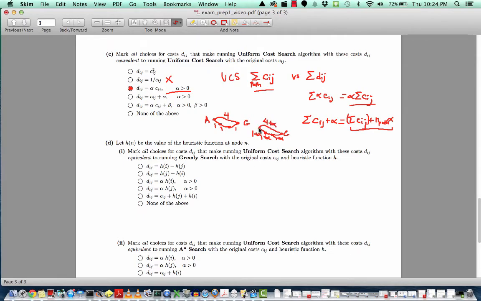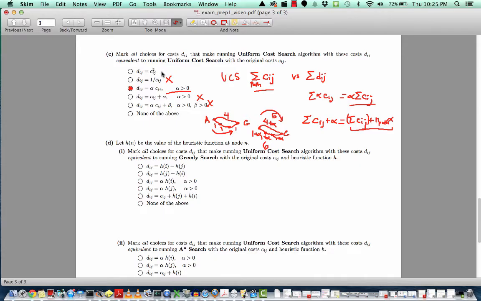So if alpha is something like 1, this path right here is going to have a cost now of 6, versus this cost up here will have a cost of 5, which makes this the optimal path on this graph, versus in the original graph, this is going to be the optimal path. So when you add a constant factor, it's unfairly penalizing longer paths that have more edges in them. So therefore, this is not going to yield the same path, an equivalent path, between running uniform cost search on both of these graphs.